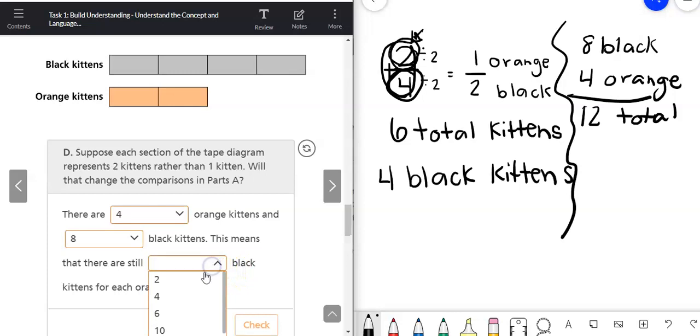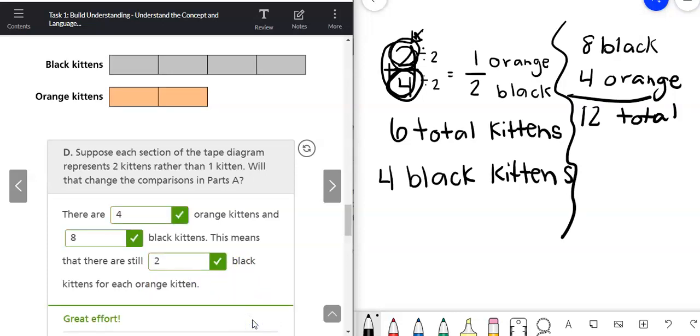So there's still 2 black kittens for each orange one. Because if I take, they said orange first, so if we put the 4 over 8 and simplify that down, I get 1/2. Most of you can look at 4/8 and get 1/2 off the bat.